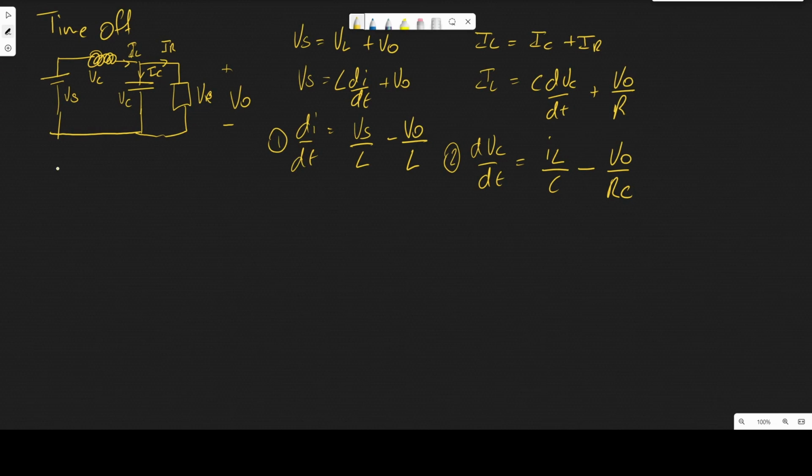where we have the same states as the time off, time on circuit.